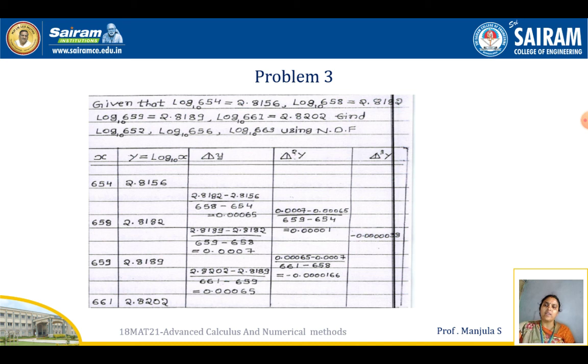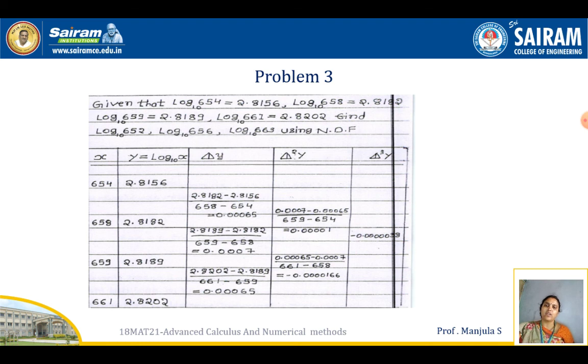The given x values you take as the arguments of the log function, and the right-hand side answers you take as the y values. So x values are 654, 658, 659 and then 661, and the corresponding y values are 2.8156, 2.8182, 2.8189, 2.8202. X and y we substituted.